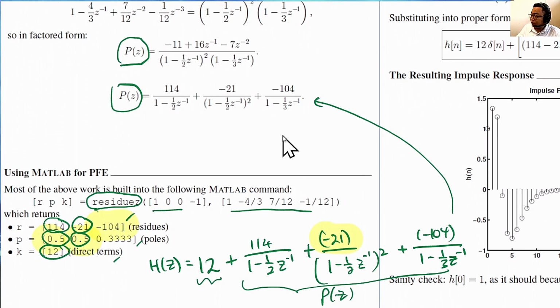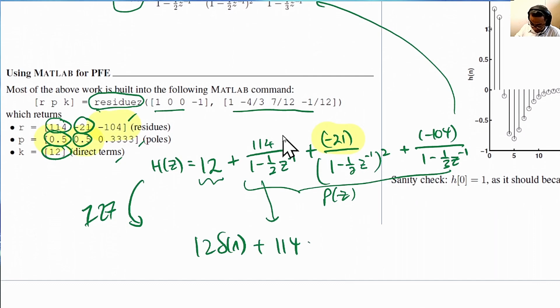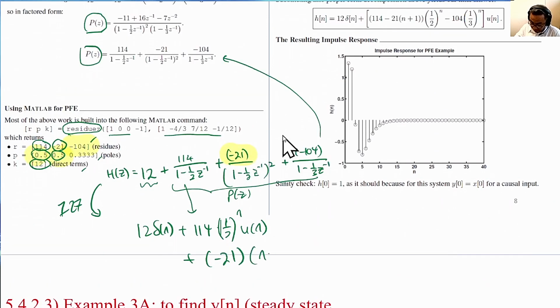So we are almost ready to perform inverse z transform. Inverse z transform: 12 becomes 12 delta n. This is simple. This is 114 times half to the power of n, u[n]. The third one is minus 21 times n plus 1, times the same, u[n].